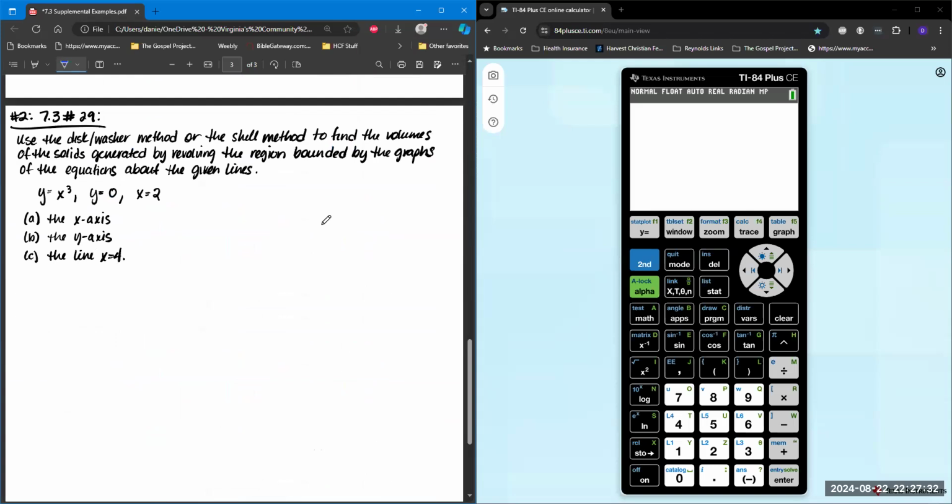Use the disk/washer method or the shell method to find the volumes of the solids generated by revolving the region bounded by the graphs of the equations about the given lines.